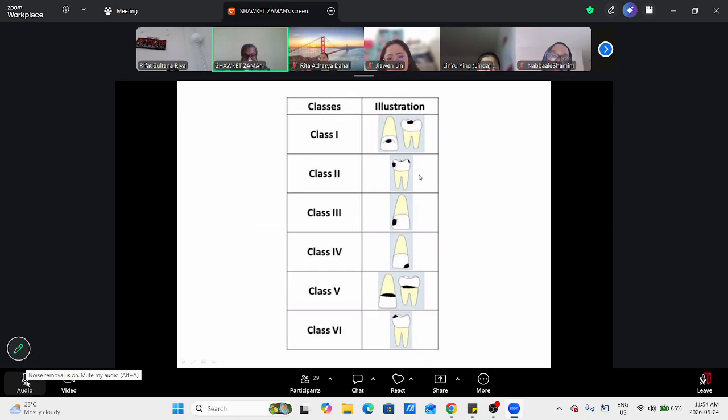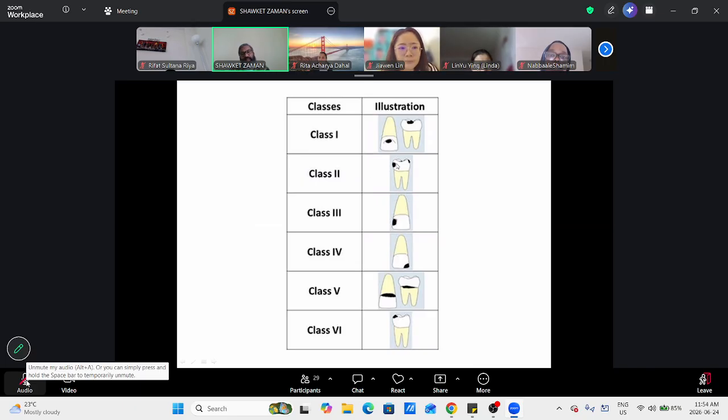And what else? So as you can see here, this is the occlusal surface involvement. Then the mesial surface and the distal surface. Or you can do the buccal surface and the lingual surface. So it means more than one surface. Here it is only one surface.